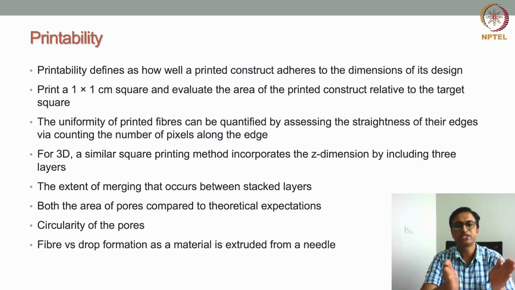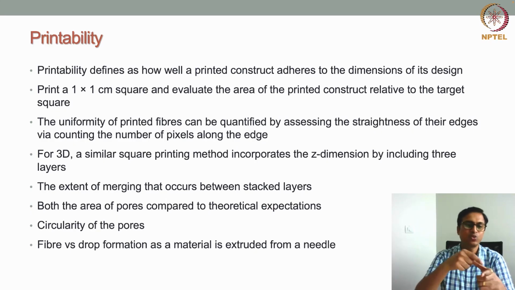If you compare these two, you can very well understand the dimension. Another thing is whether the square is perfect, or whether there is any deformation. Those things we can also understand.